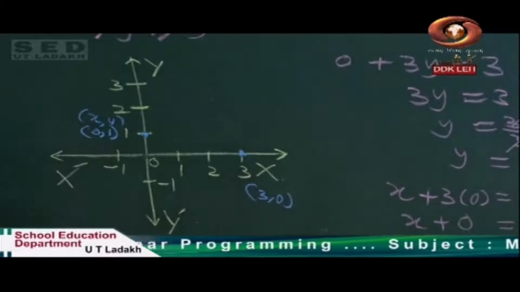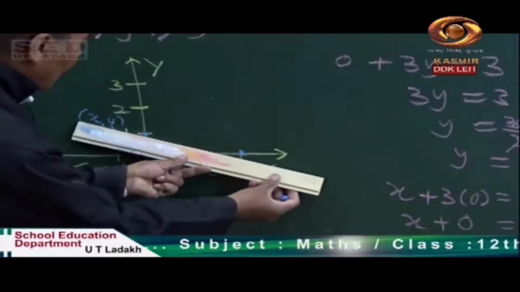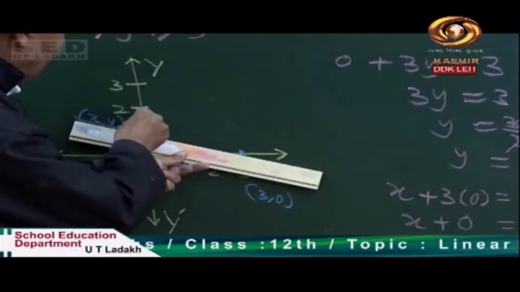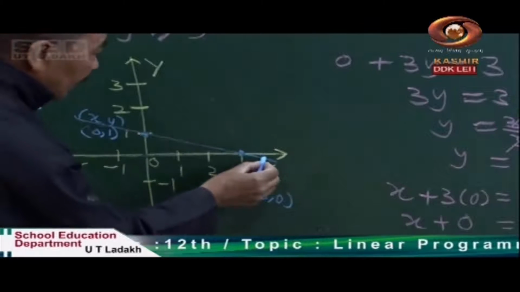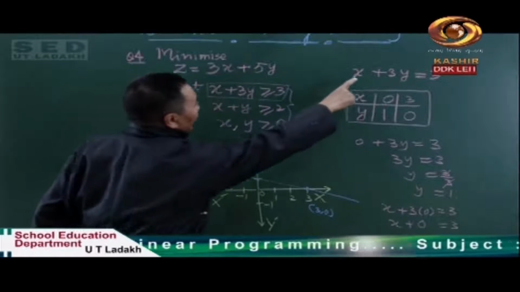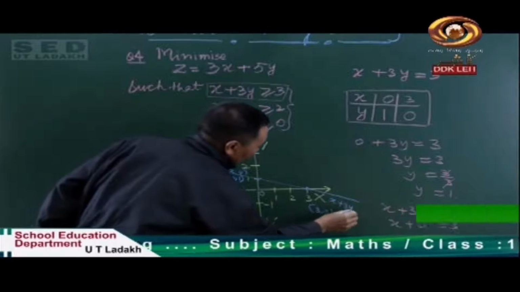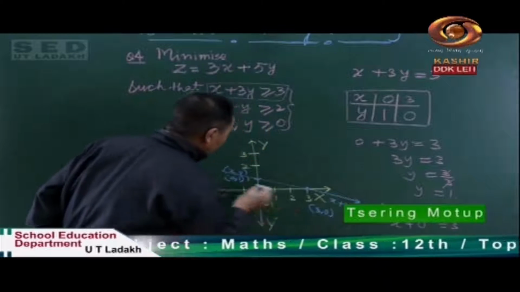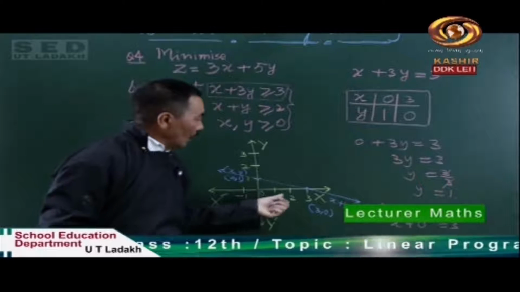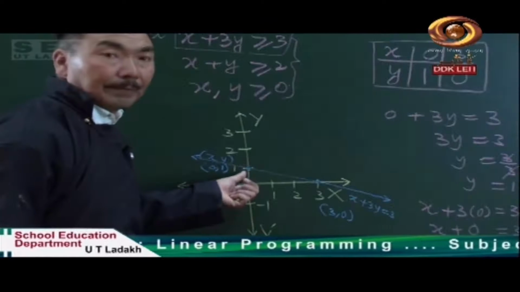If we join these two points, then we get the line of the equation x plus 3y equal to 3. This will be the line of the equation which passes through the x-axis at 3 and the y-axis at 1.